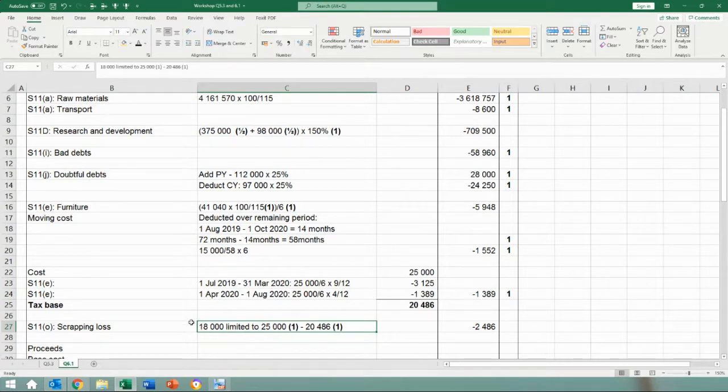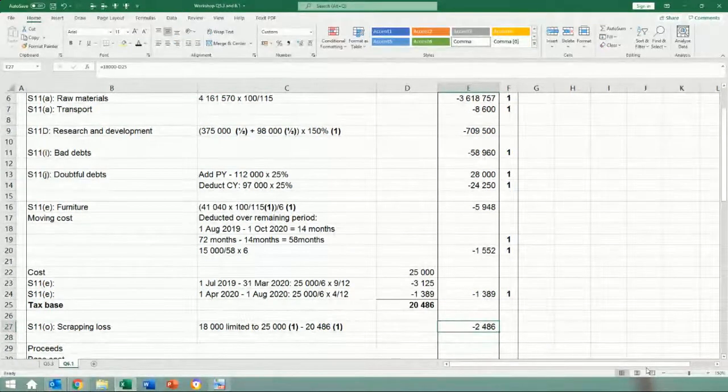In this scenario, the sales price is the lower of that and the cost. So we use the 18,000 and we deduct the 20,000 that we've calculated, which is the tax base, to give us the deduction of 2,486 Rand. Okay, so that's how you work out the scrapping allowance.